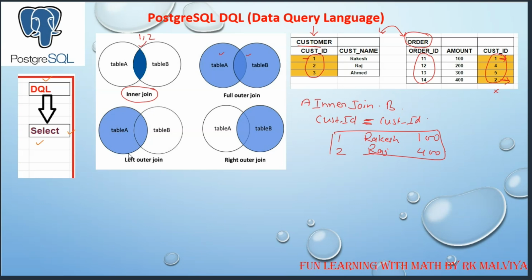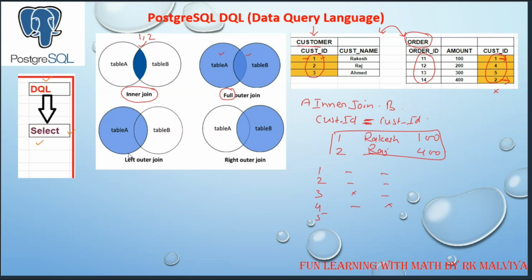The second condition is full outer join. Full means it is not just the left side or right side, but a combination of both. If I join with the equal sign and say full outer join, all the customer records are displayed when joining on customer ID. So here are 1, 2, 3 and also 4 and 5. All the records are displayed; whatever is matched is displayed, otherwise it is empty.